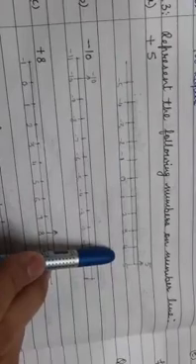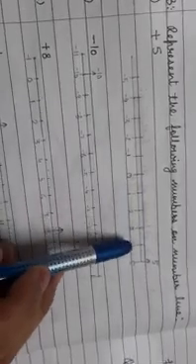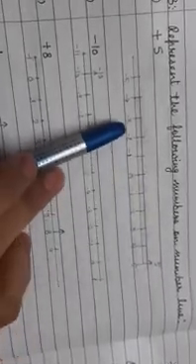On the right side I'll write positive numbers, and on the left side I'll write negative numbers. And the points are marked at equal distance. I have taken 1 centimeter gap between these 2 points. So 0, 1, 2, 3, 4, 5, and minus 1, minus 2, minus 3, minus 4, minus 5.